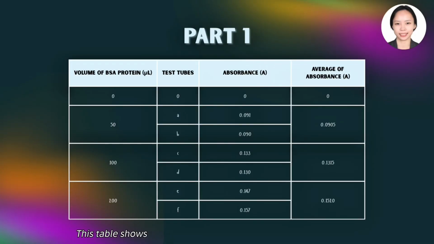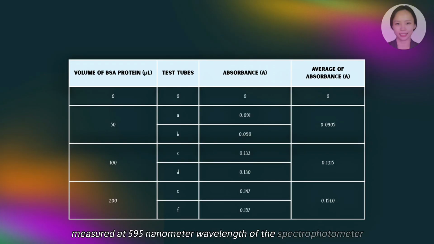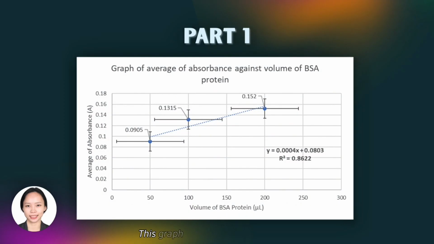This table shows the absorbances of the different concentrations of bovine serum albumin, BSA protein, measured at 595 nanometer wavelength of the spectrophotometer. This graph shows the standard curve according to the Beer-Lambert's law, plotting the absorbance of solutions with known concentration from the previous table. The x-axis represents the volume of BSA protein and the y-axis represents the average absorbance.